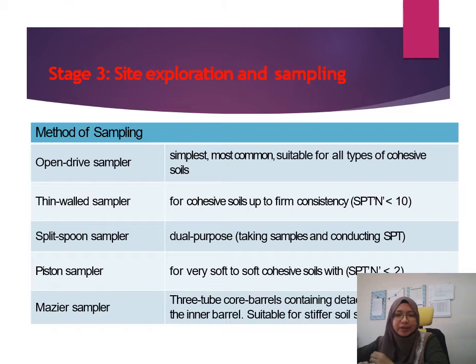In general, the thinner the wall of the sampler, the less disturbance the sampler will produce. Less disturbance means you will get more accurate data for your testing. If the soil is very high in disturbance, the data from the testing is not so accurate, because it is more disturbed.